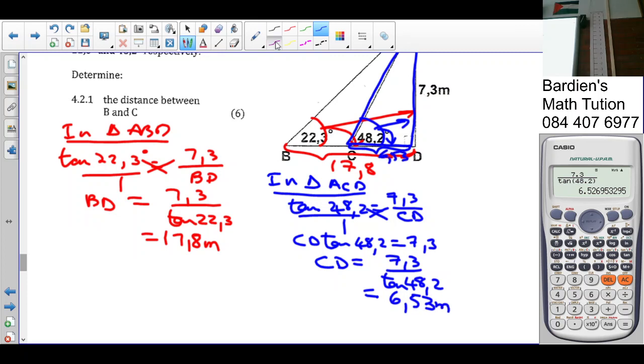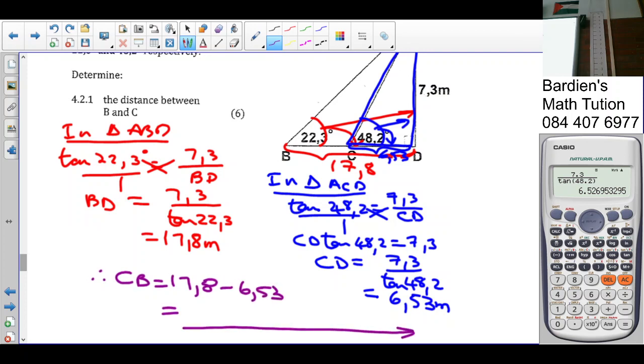So therefore, in conclusion, BC or CB is equal to 17.8 minus 6.53, which is 17.8 minus that last answer calculated, 11.27 meters. Okay, any confusion here, people?